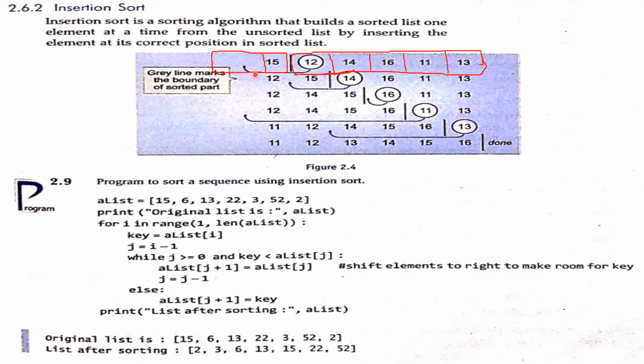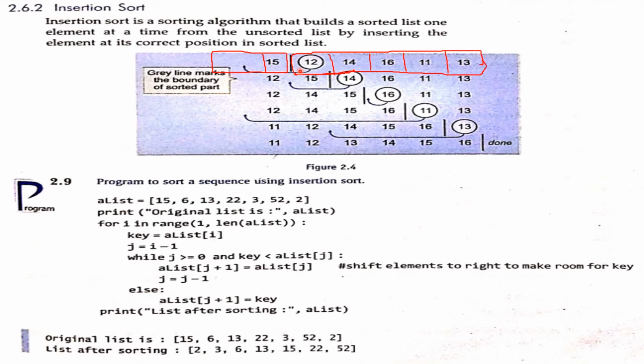Here you have to keep in mind that we are not going to simply pick this element from here and insert it here. We will have to keep this element in a temporary variable. When this 12 is kept in a temporary variable, this place becomes an empty room for shifting this element from here to this side.